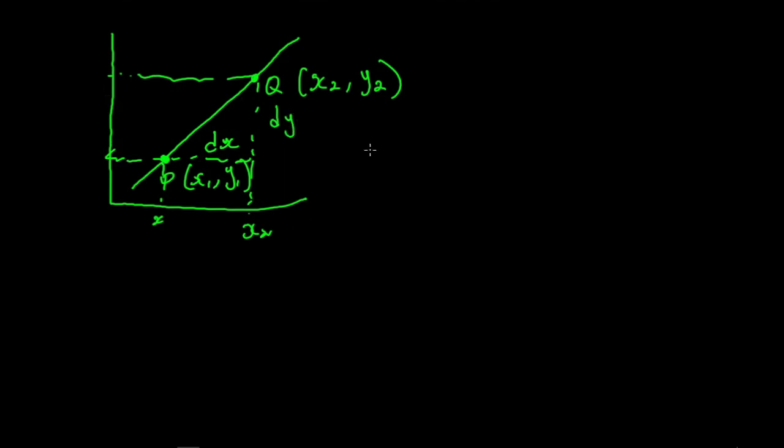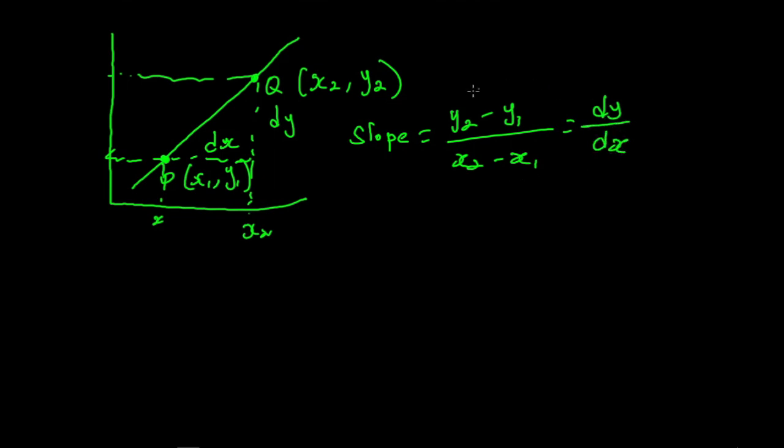By mathematical expression, we can obtain the slope as the change in y value, which is y2 minus y1, over the change in x value, which is x2 minus x1. And this is also the same as dy over dx. With this expression, we can easily obtain the slope of a straight line graph. And now, how do we obtain the slope of a curve?